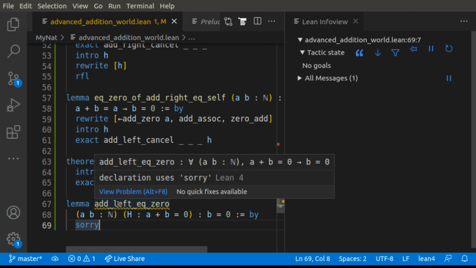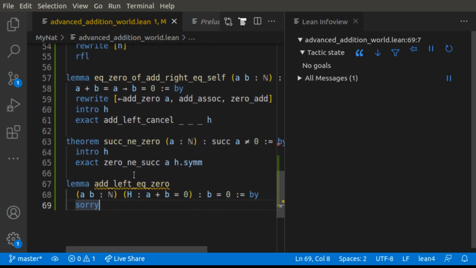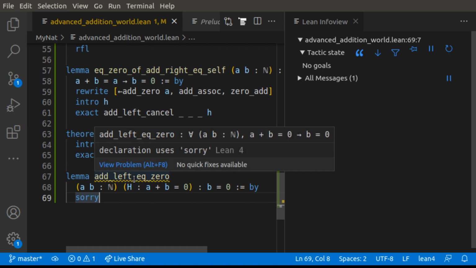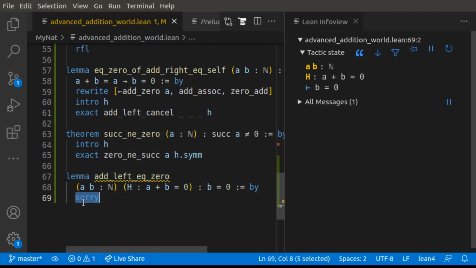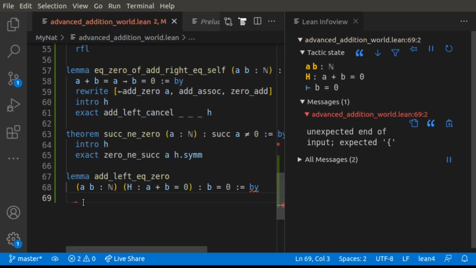How do we prove this? I guess we can always start with an intro, or do we need? We don't even need the intro because we already have the intro kind of taken care of here. B equals 0. A plus b equals 0 implies b equals 0. I think we'll need to do a proof by contradiction somehow.